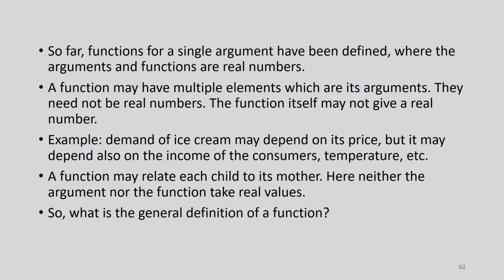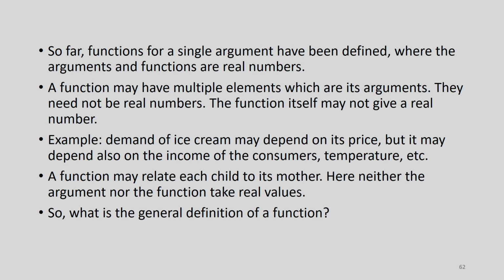Okay. So far functions for a single argument have been defined, where the arguments and the functions are real numbers. A function may have multiple elements which are its arguments, and they need not be real numbers. The function itself may not give a real number. So, there could be variations from the original example of a function that we have been talking about.